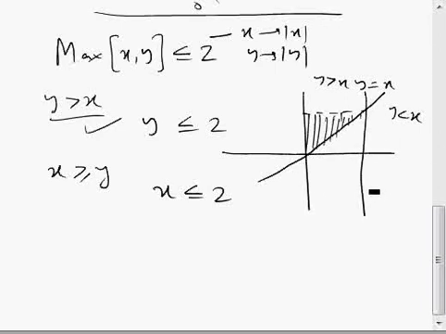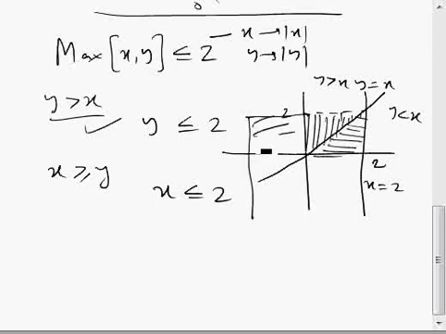So this is in the first quadrant. If you replace x by |x|, we reject the left half and take the reflection of the right half into the left half. Replace y by |y|, reject the lower half, take the reflection of the upper half into the lower half. This is another way to see that this inequality bounds a square of length 4 units whose center is at the origin.